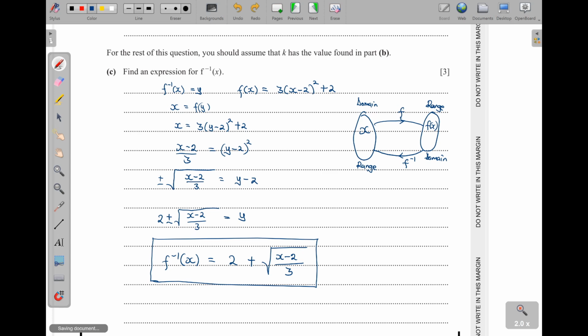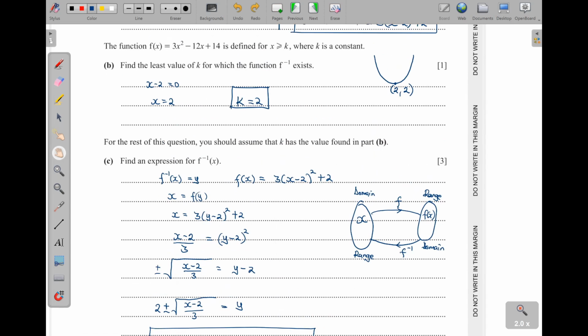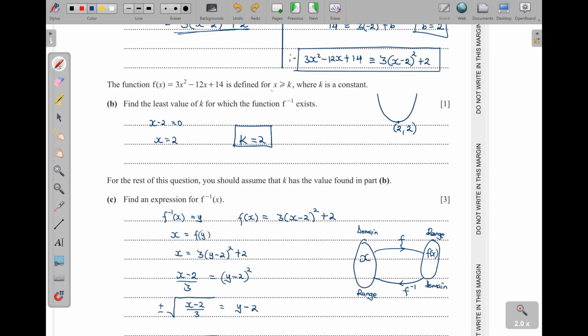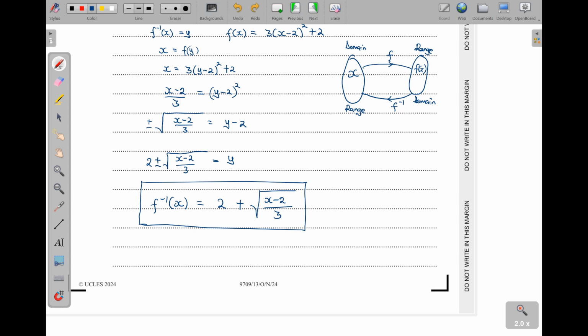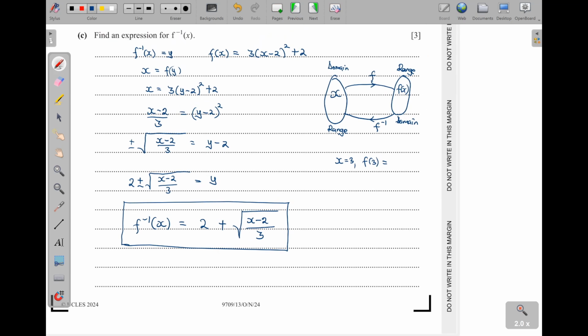You see that? Now, based on what we are having here, they say that this function is valid for x which is greater or equal to this 2 here. Let's choose a value here. Let's say x is 3. So if x is 3, what is f of 3? F of 3, substitute in here.